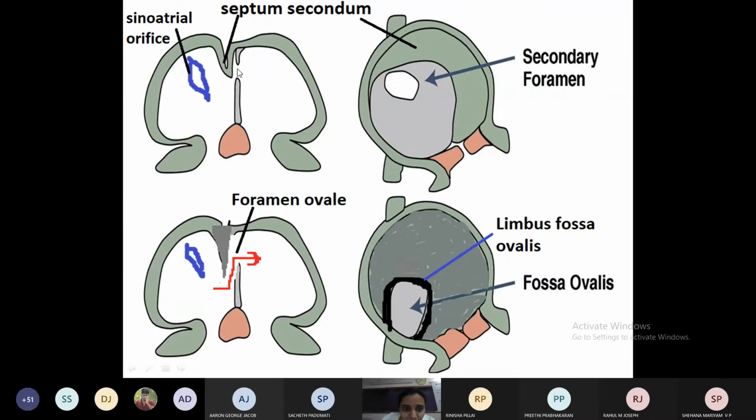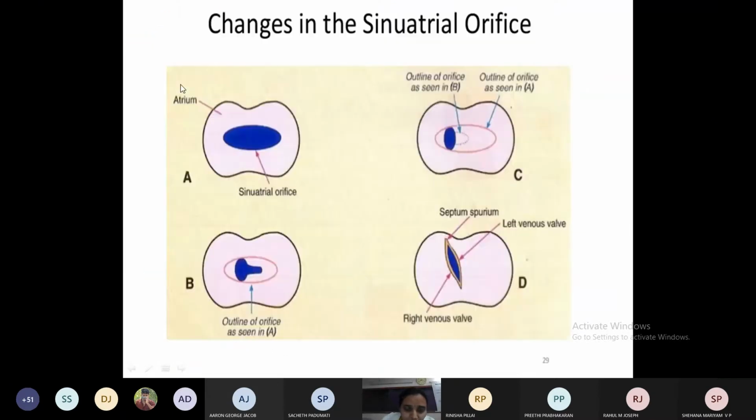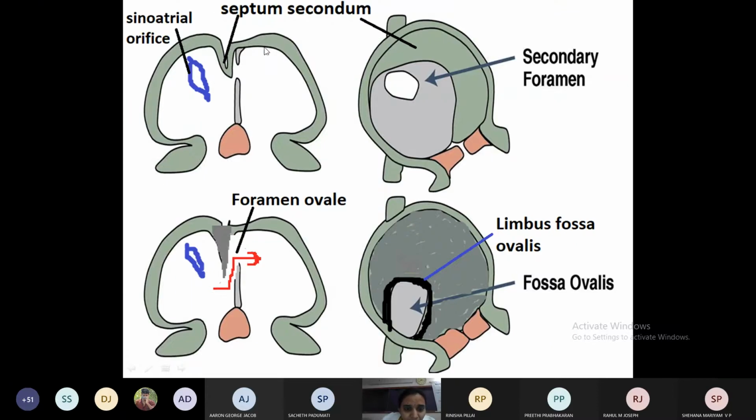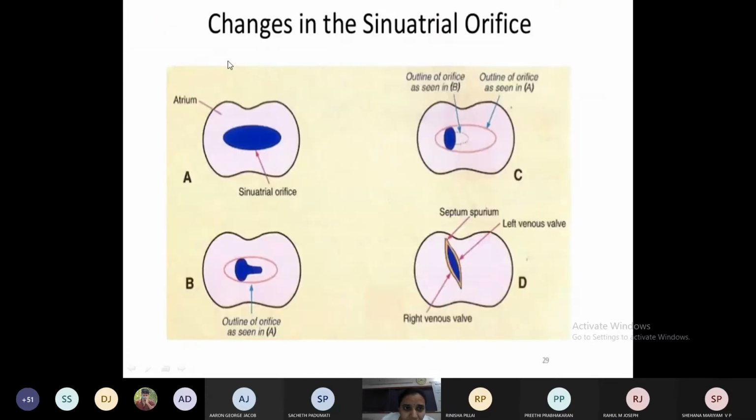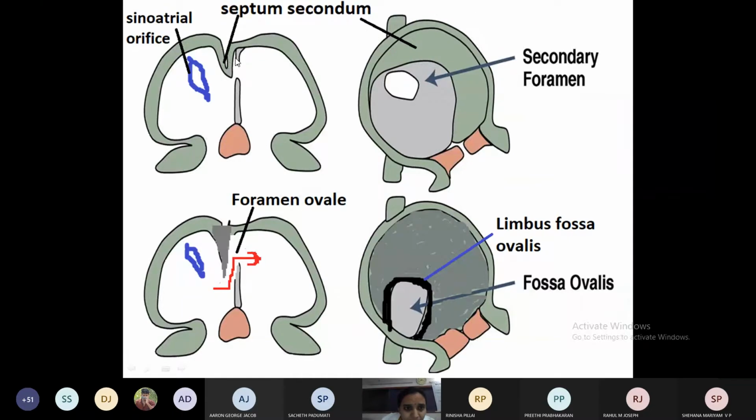Otherwise, the blood could flow from right to left directly. But with the formation of the septum secundum, a flap-like wall is formed, which allows the flow like this. That is the foramen ovale.